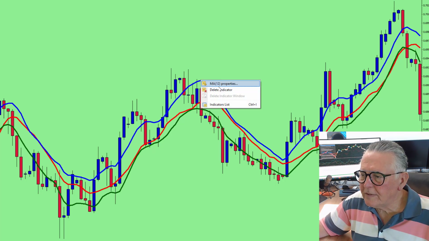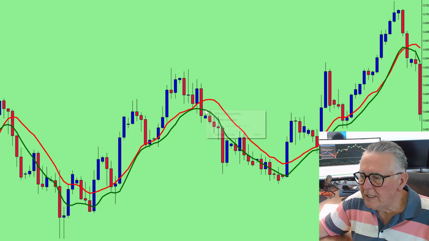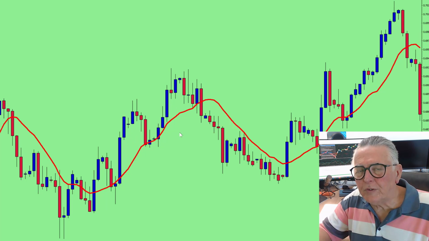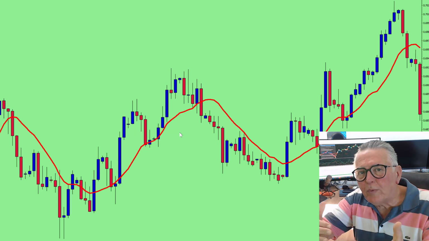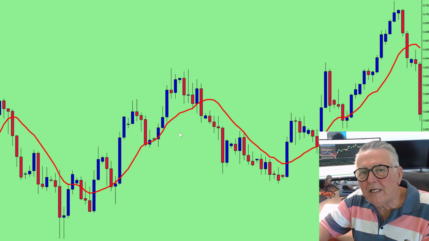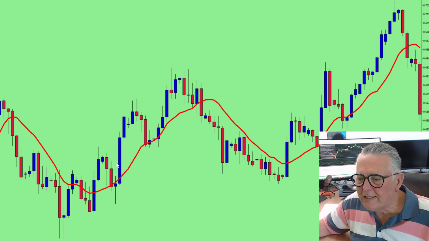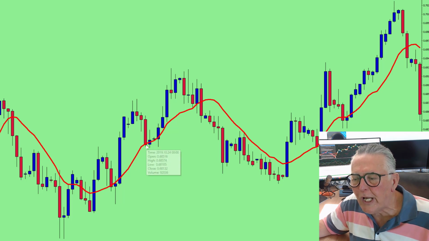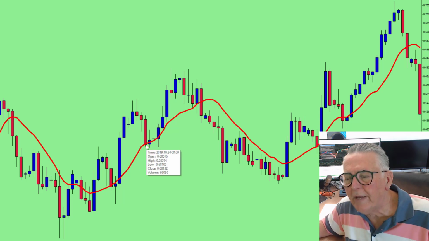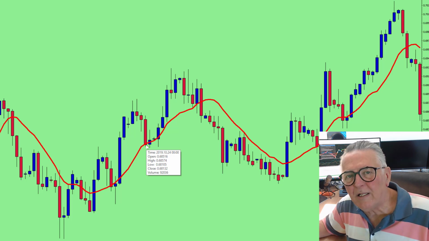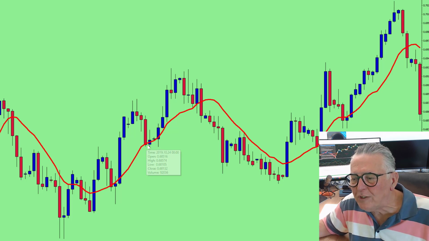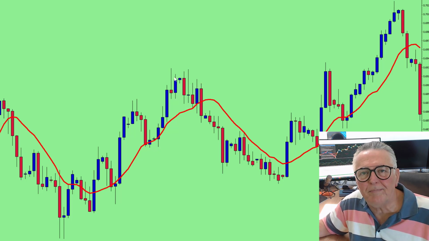So let's get rid of some of these indicators we don't need. And now the main signal for a transaction using moving averages is when the price closes under or over the moving average. So for instance, here's a buy trend happening here, but the moving average crosses over. It closes below the moving average, which signifies a sell transaction, but it soon reverses and starts buying.